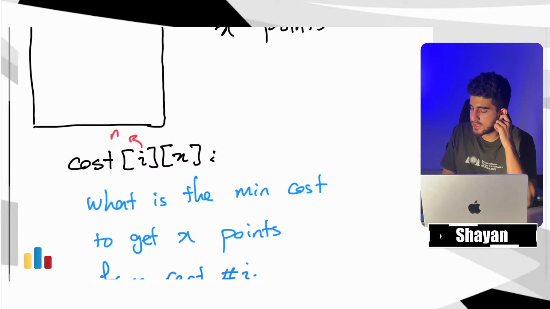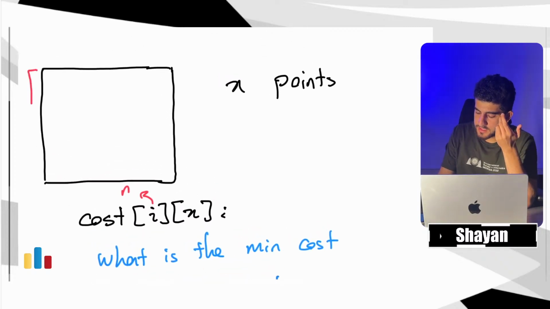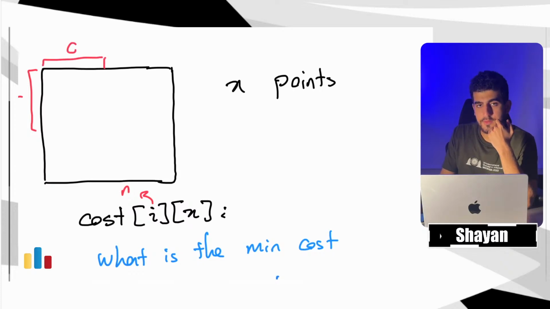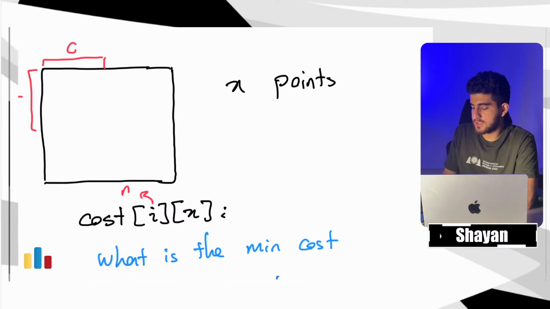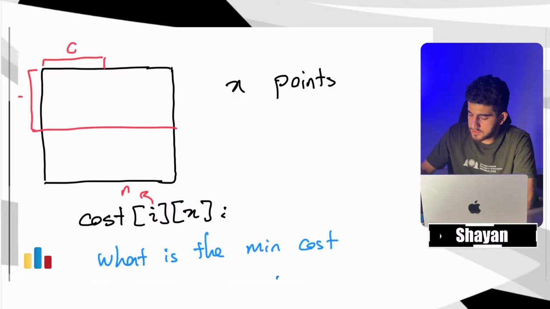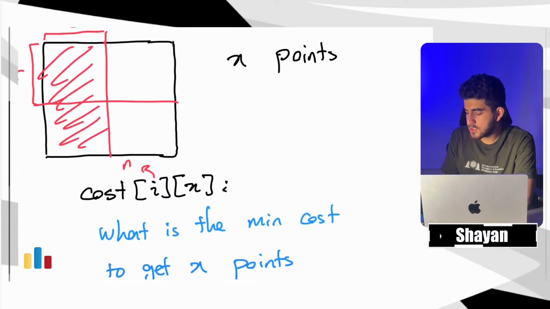For each rectangle I can just fix how many of these points I will get from the rows, let's call it r, and how many of them I will get from columns, let's call it c. If there are r rows that I will complete and c columns that I will complete, I need to say how much I should spend.